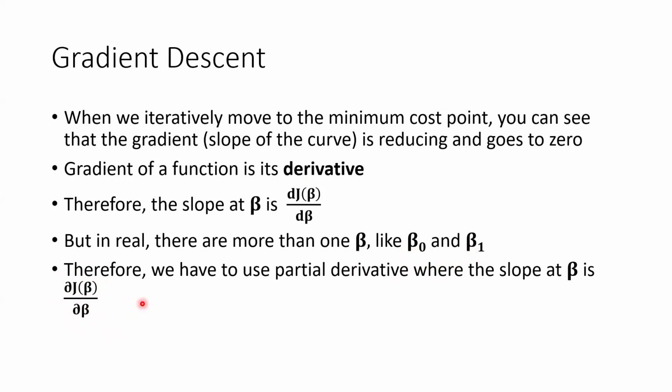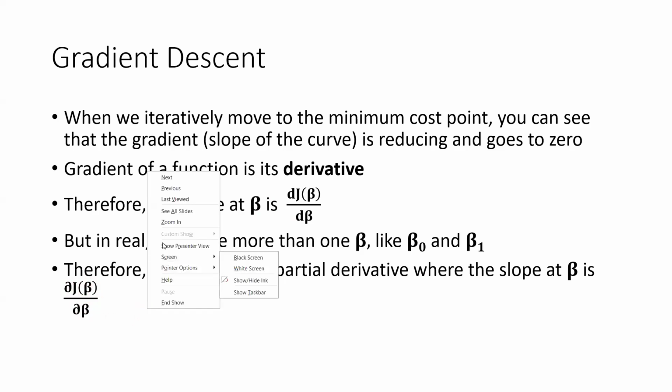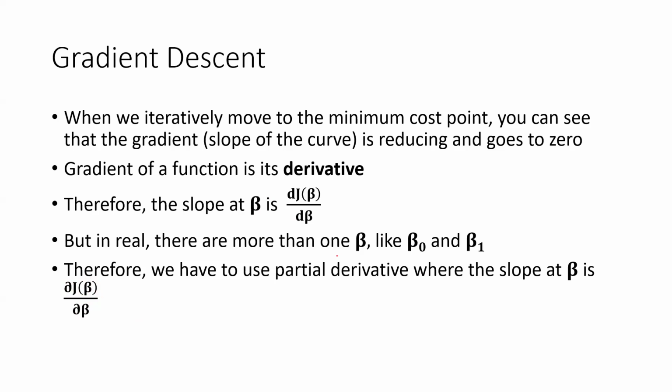If you want to find the direction or the slope of this curve with respect to beta 0, it is represented by the partial derivative of J(beta) divided by the partial derivative of beta 0.